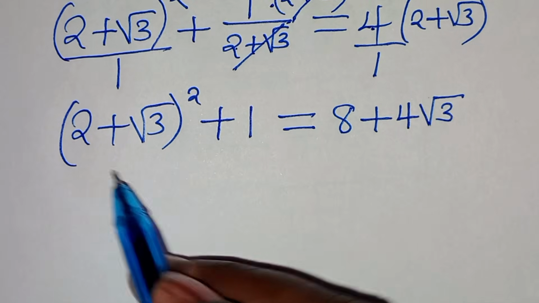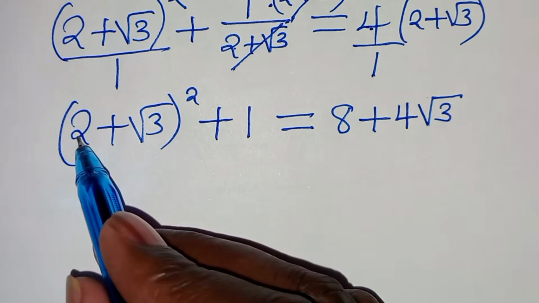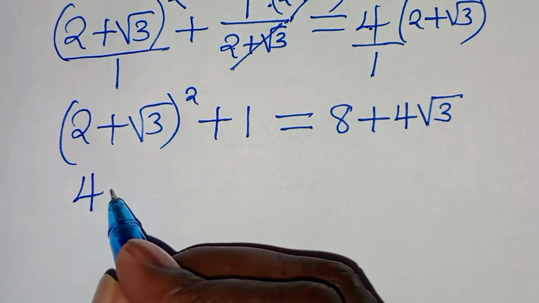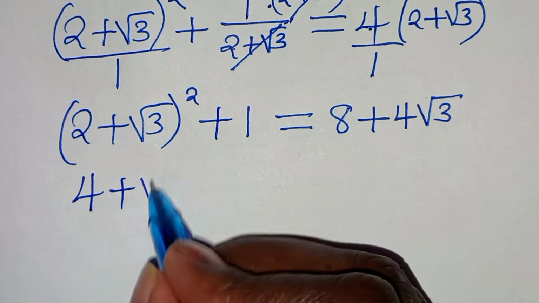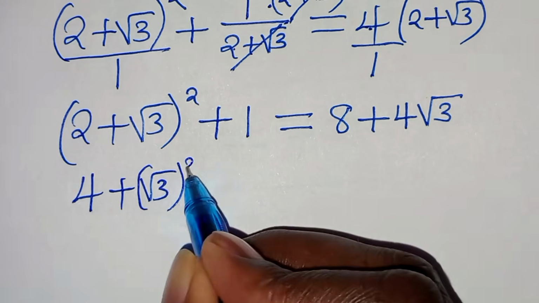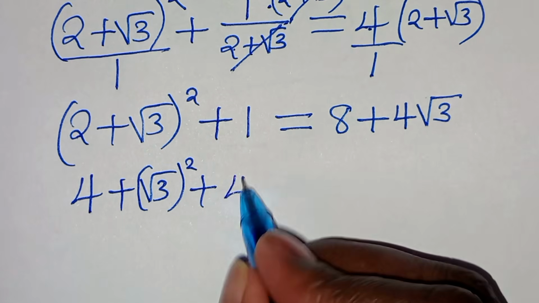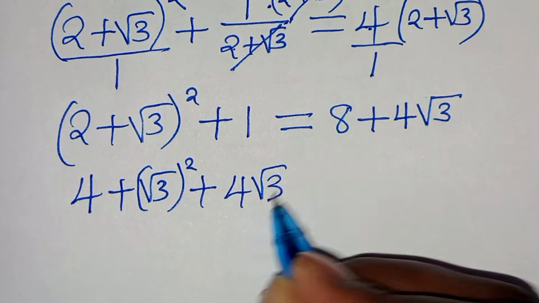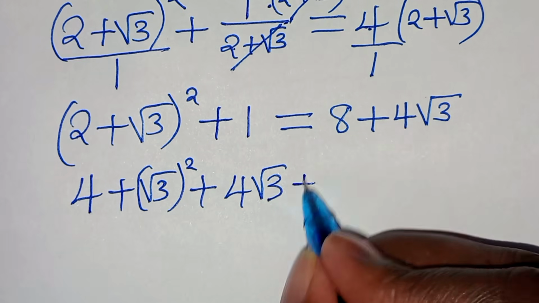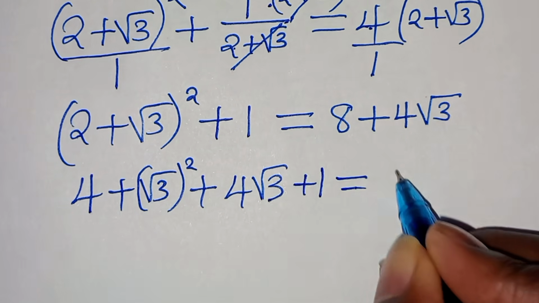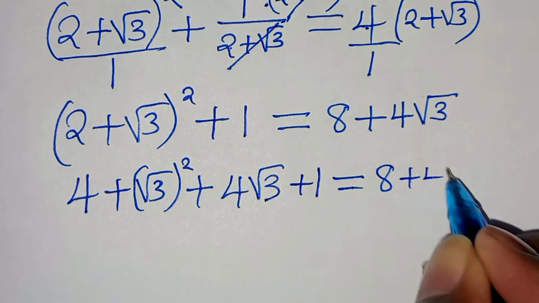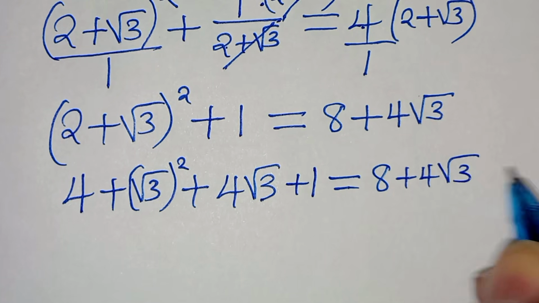Now let's expand this. This is 2 squared, which is 4, plus square root of 3 raised to the power of 2, then plus 4 square root of 3, then plus 1. This is equal to 8 plus 4 square root of 3.